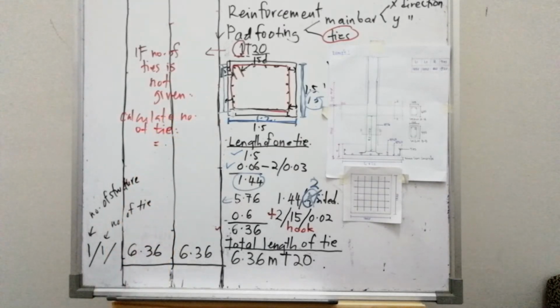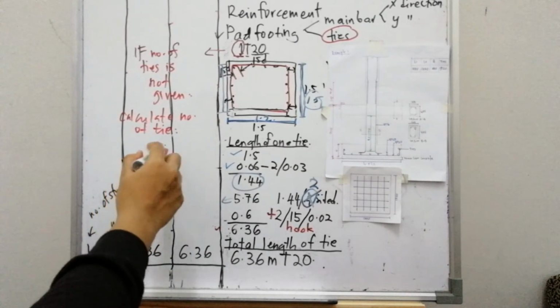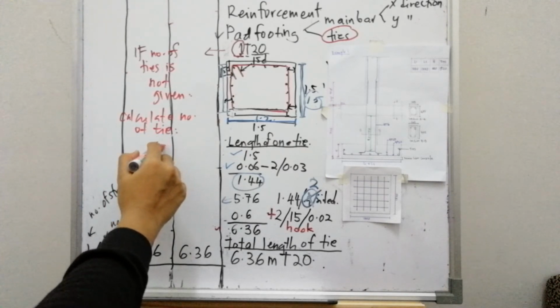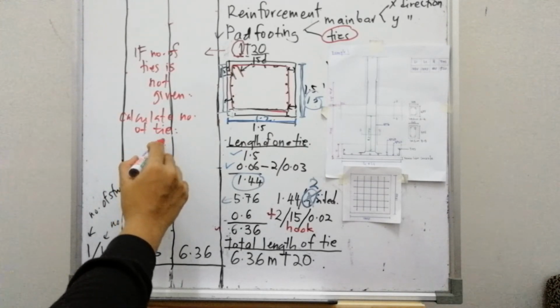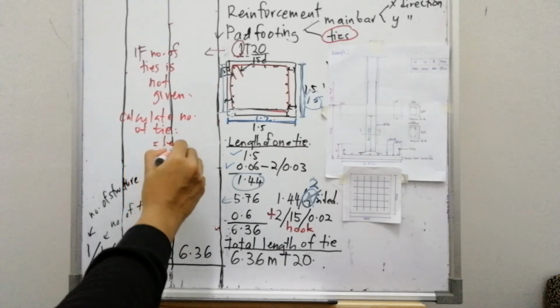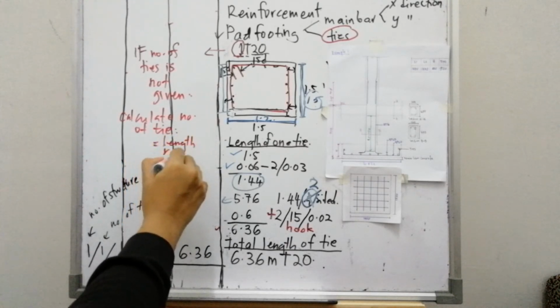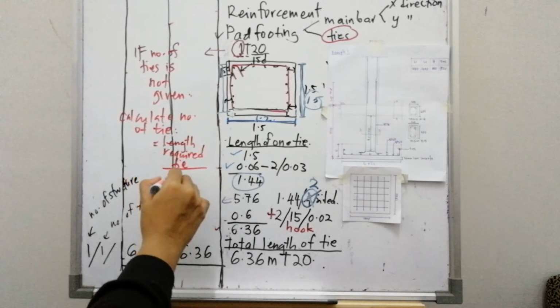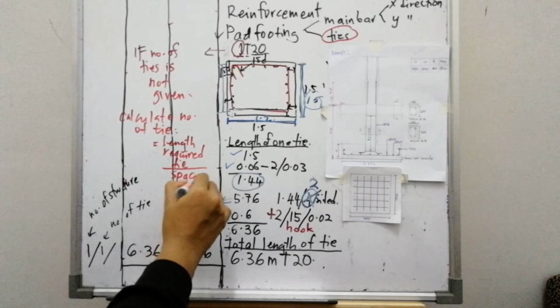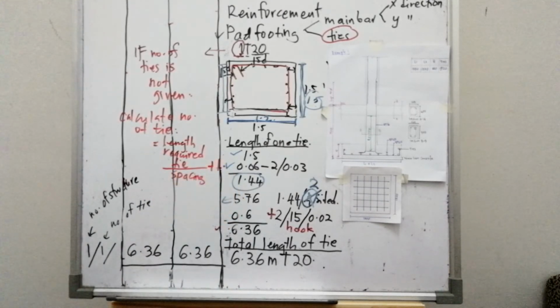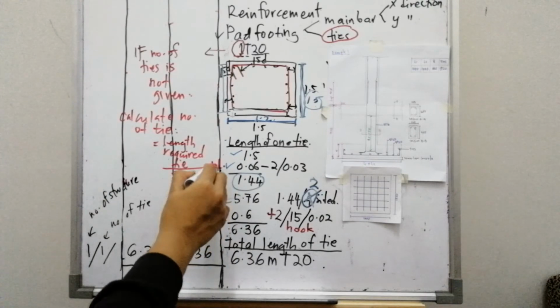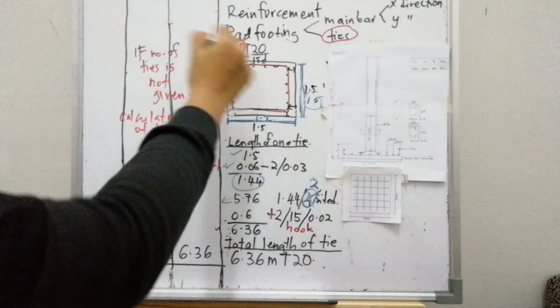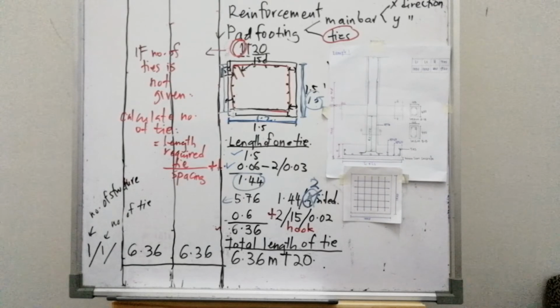This is the same as calculating the number of ties or links in the beam, using the same formula: length required for ties divided by spacing, plus 1. But normally it will be given as 1, right?